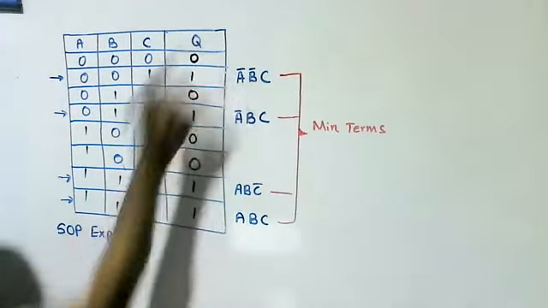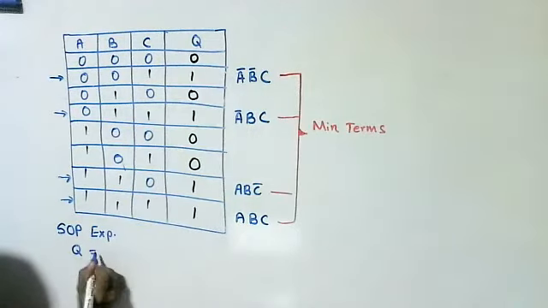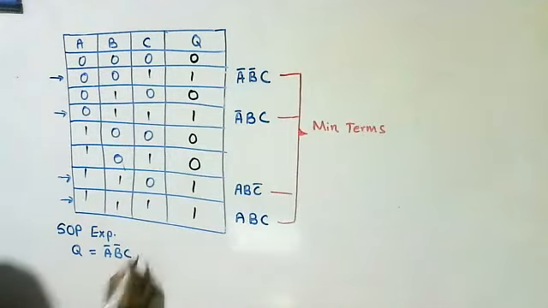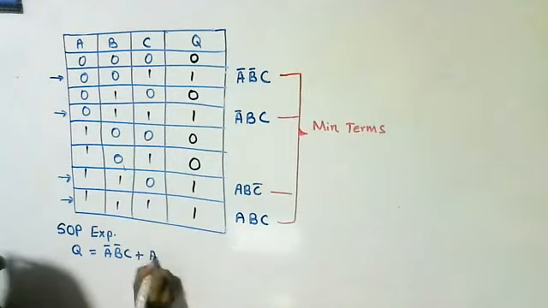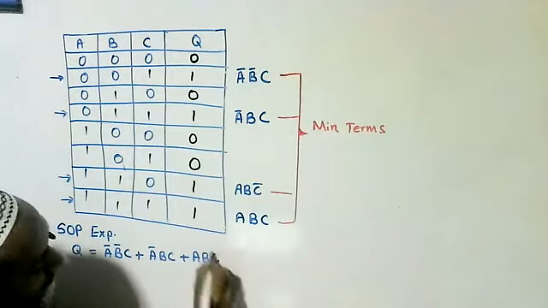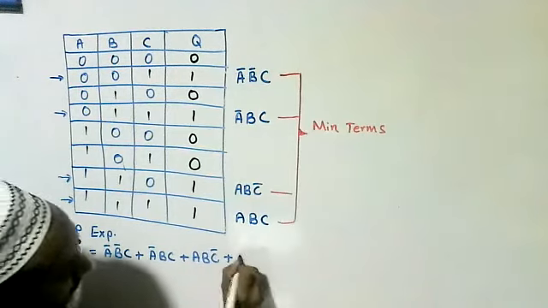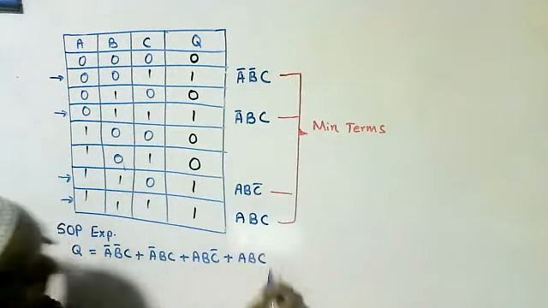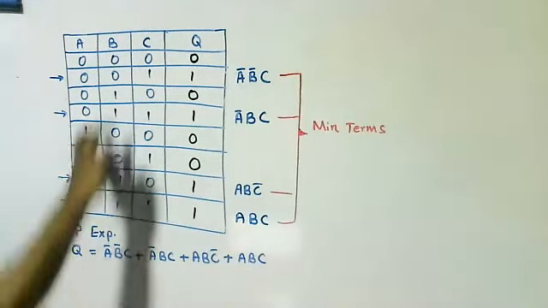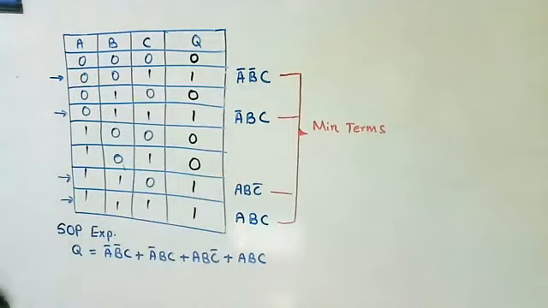So here output is Q. Q equals A bar B bar C, first min term, plus A bar B C, second min term, plus A B C bar, third min term, plus A B C. That's all. This is the SOP expression we got by using this truth table.